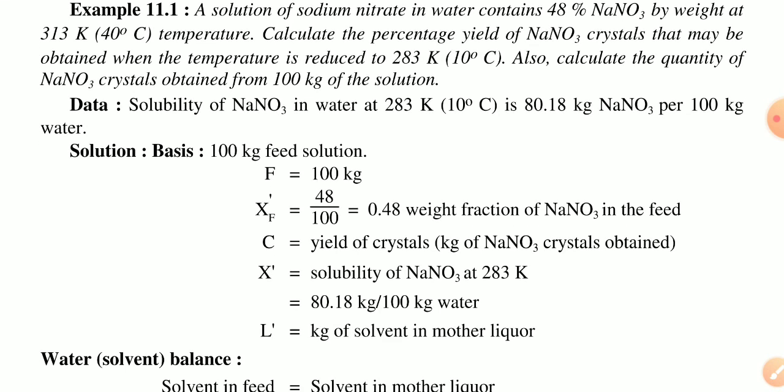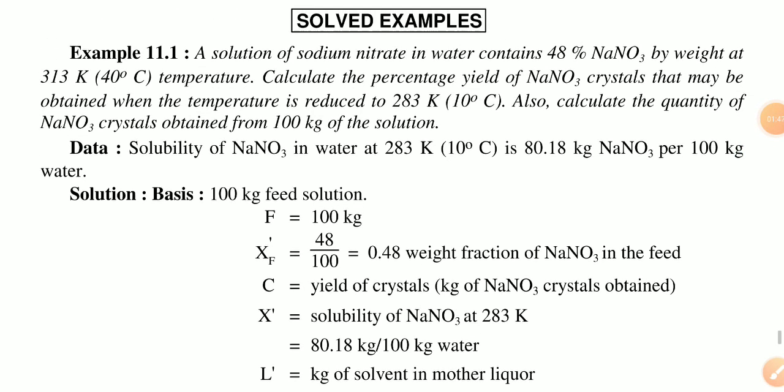So what is the data? The solubility of NaNO3. You are given that the solution contains 48% NaNO3 by weight at 313 Kelvin, that is 40 degrees Celsius. Calculate the percentage yield of NaNO3 crystals when the temperature is reduced to 283 Kelvin, that is 10 degrees Celsius.